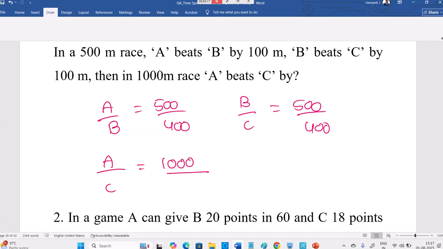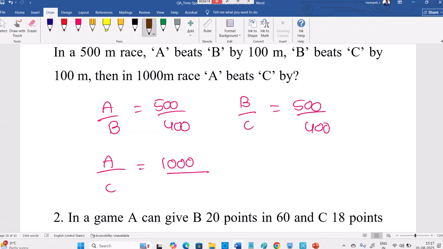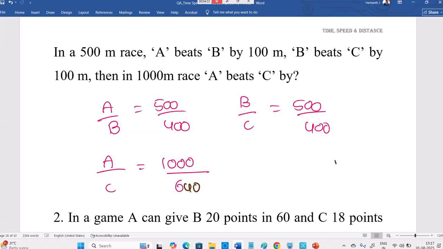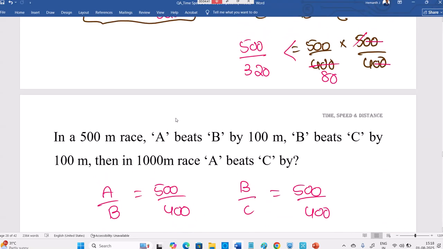It will be 640, because for 500, as we already got in the previous question, it is 500 divided by 320. Double the numerator, double the denominator: numerator will be 1000, denominator will be 640. Now A beats B by 360 meters.